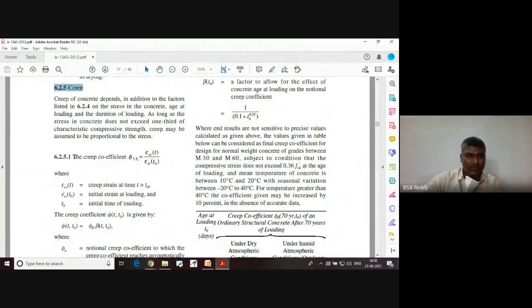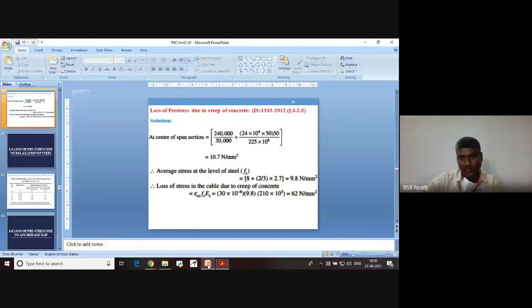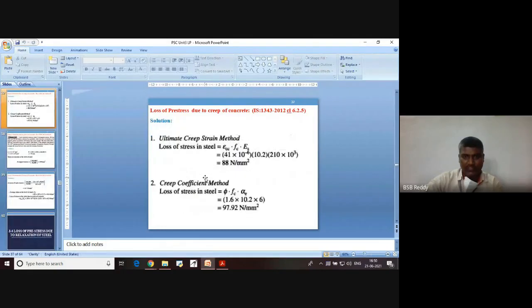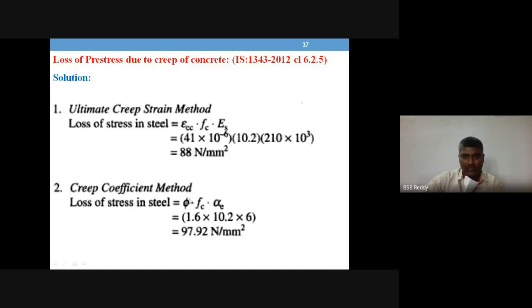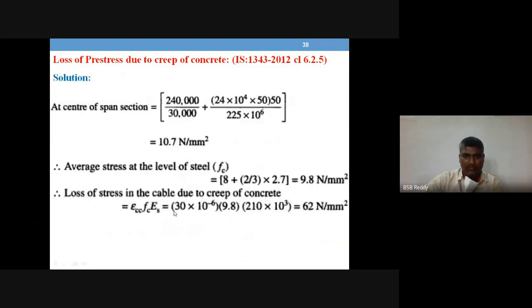So if you want creep coefficient value, because one of the methods of solving for loss of pre-stress is the creep coefficient method. It is simply multiplying the creep coefficient phi value.